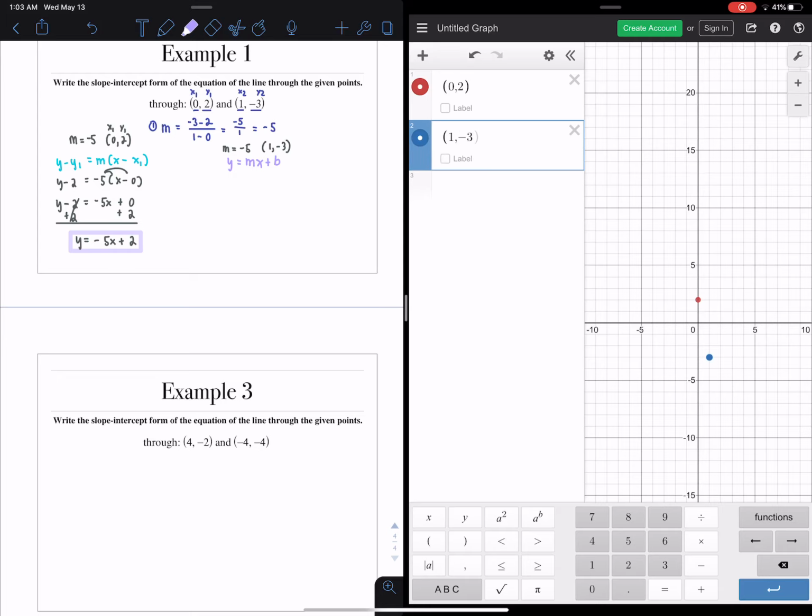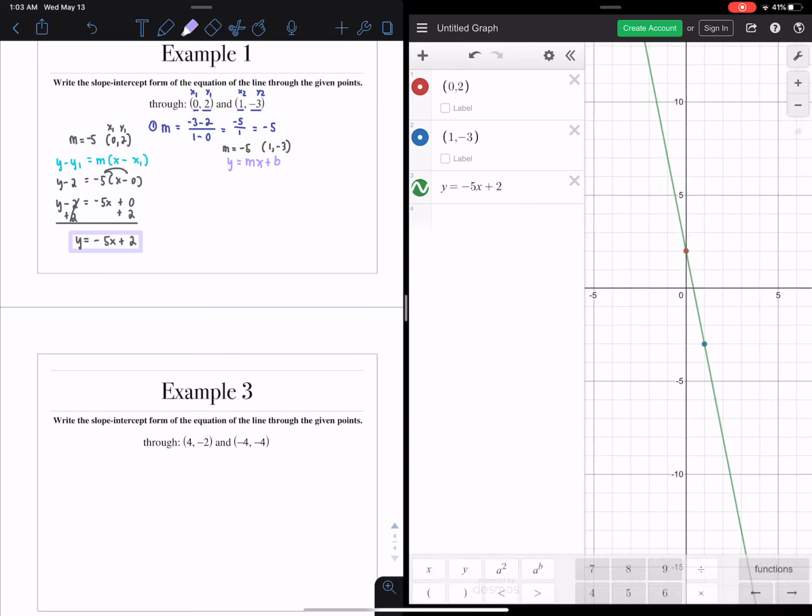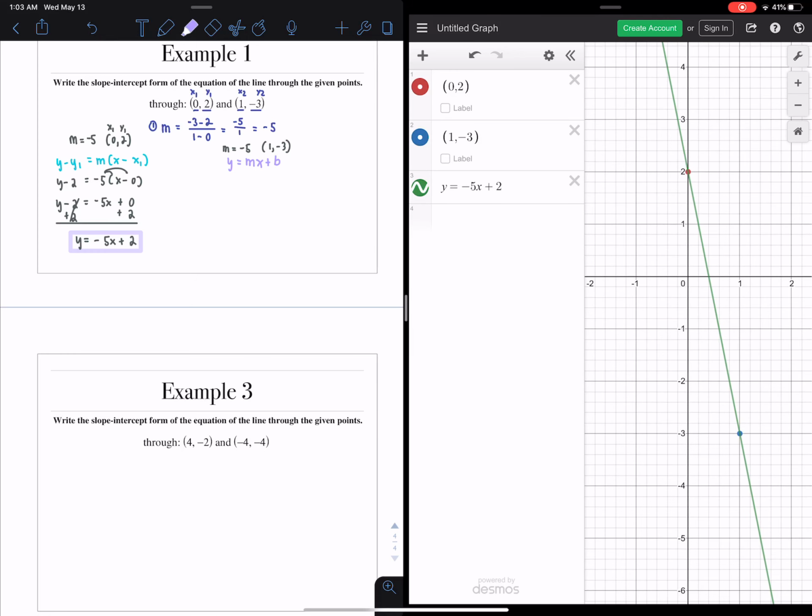So this is what it's going to look like. You can see that point then over there in blue. And the line that we came up with is y equals -5x plus 2. And if we zoom in, you can see that this green line passes through both of those points. And it's written in slope-intercept form. So we would know for sure we have the correct answer.